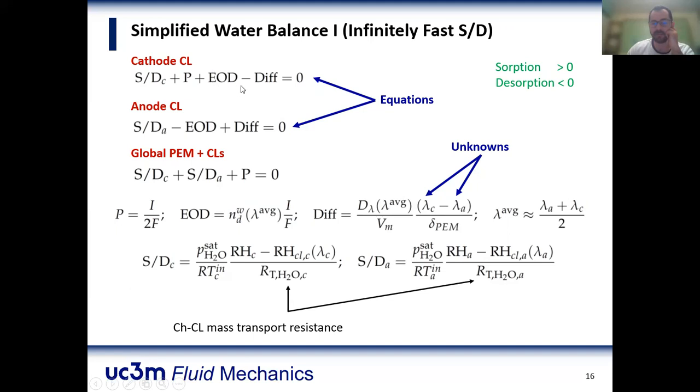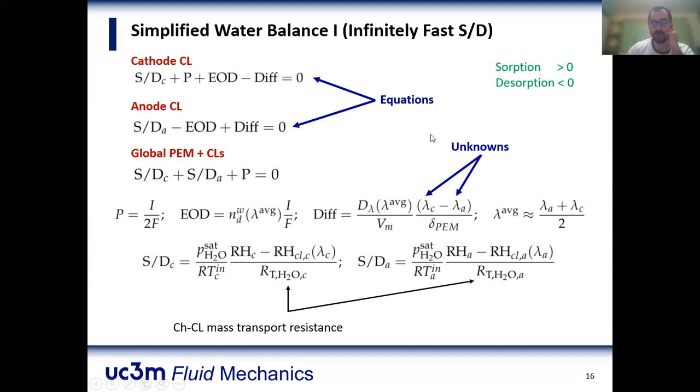Then we have electro-osmotic drag. We have diffusion. If we add both equations, we get the global balance for the catalyst layer plus the membrane: the water that we produce is in balance with sorption and desorption at the cathode and the anode.